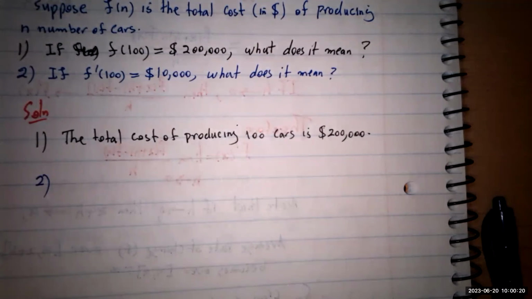Remember, f prime is the future, is a prediction. Any suggestion? It is a prediction, it is a rate of change.